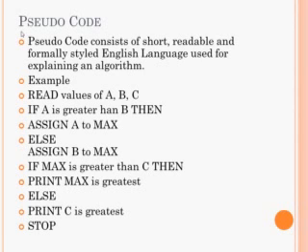Now the biggest value: first we compare A and B, and we identified A is the biggest value. Now we are storing that biggest value in the temporary variable called max. Otherwise, we assign B to max, because if that condition failed, if A is not greater than B, then B is greater.